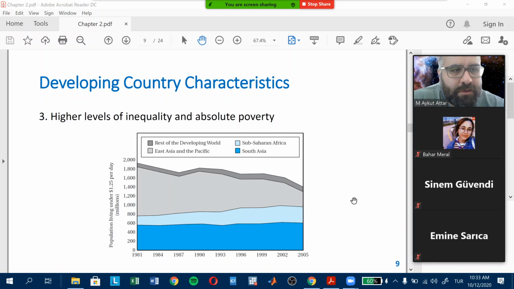Of course, you would see a similar but quantitatively different figure if you change the cutoff level. Instead of $1.25, you can look at $2, $1, etc. And you can, of course, also look at this figure country by country.